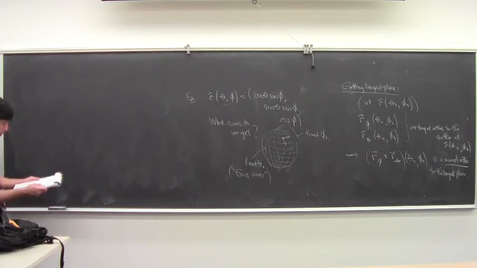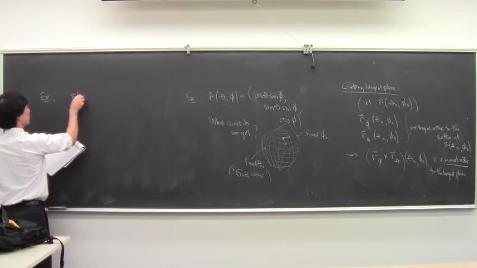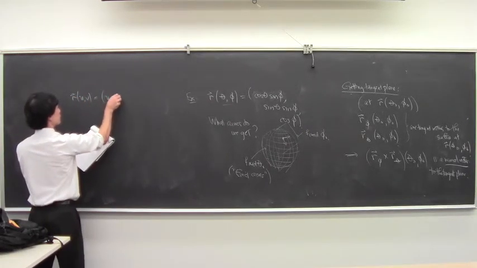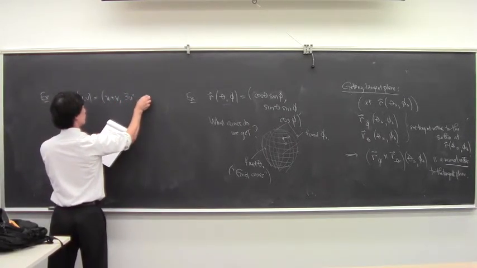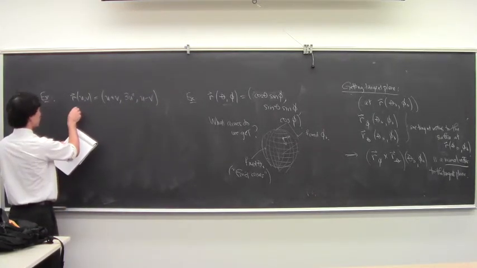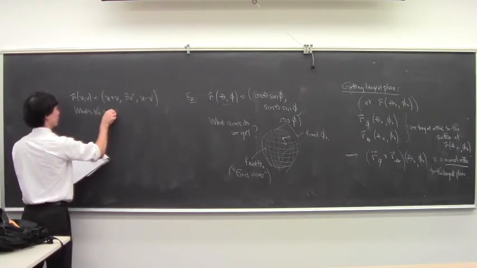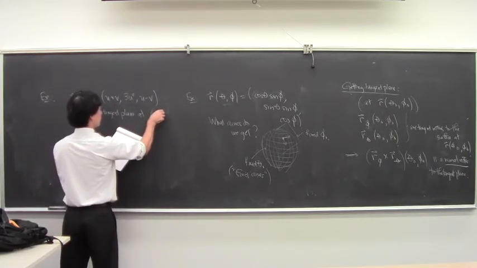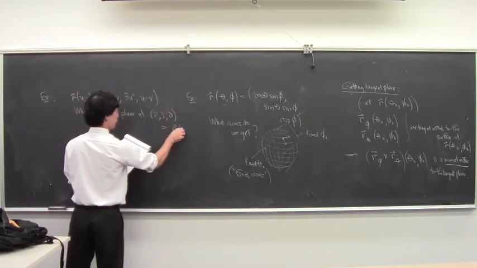Okay, so for example, somebody gives you this parametrized surface, u v goes to u plus v, 3 u squared, u minus v, and gives you a point, and says, what's the tangent plane at this point 2, 3, 0, which you figure out is r of 1, 1.